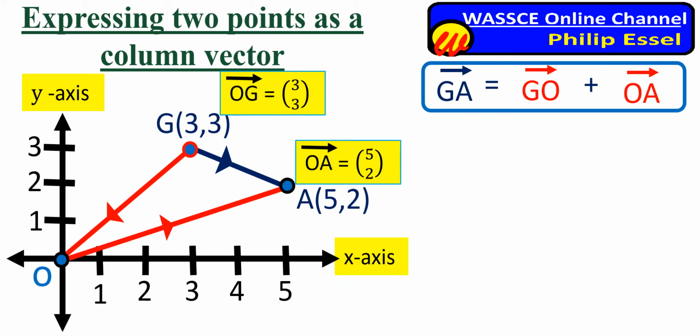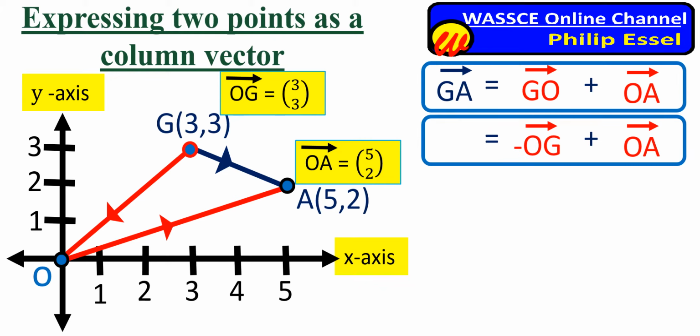Now, if you can see that, then this is what we are going to do. GO is the same as negative OG. So instead of writing GO, we would make it negative OG, then plus our position vector OA. Nothing has changed. So what this means is that our vector GA is now equal to negative of the vector OG plus the vector OA.